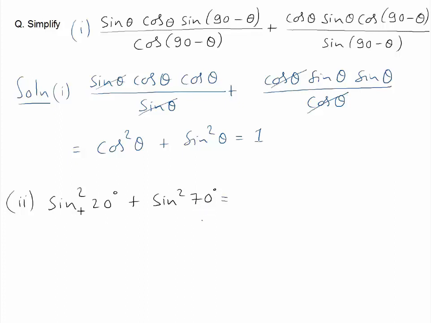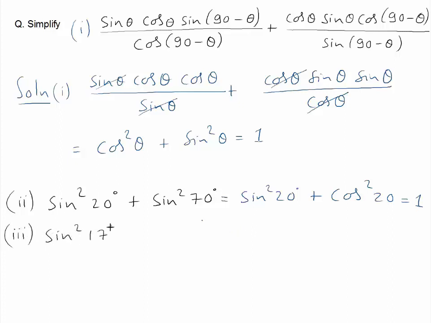So let's keep sine square 20 as it is and convert sine square 70 into 20 degrees. So sine square 20 plus, now this we can write as cos square, and complementary of 70 degrees is 20 degrees. Now this is a formula. Sine square theta plus cos square theta is 1. So this equals 1. Let's do another problem.